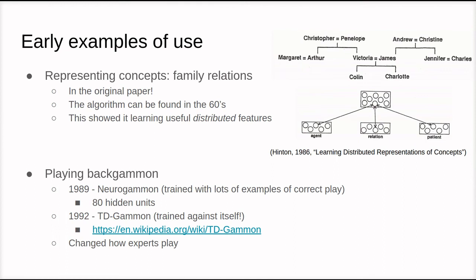And like the algorithms from Go, these backgammon playing algorithms have changed how human experts play. In many respects, the seeds of the Go game are planted here in the Neurogammon and the TD-Gammon algorithms, and it really was just that we needed more compute power and a more efficient learning algorithm, or rather a network that was more efficient to train than your standard neural networks.